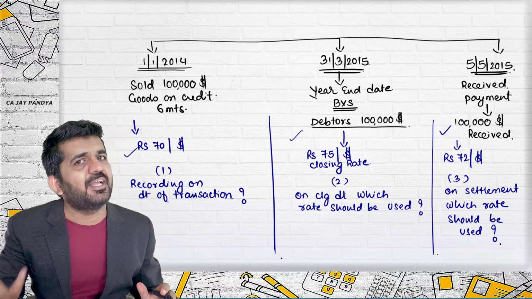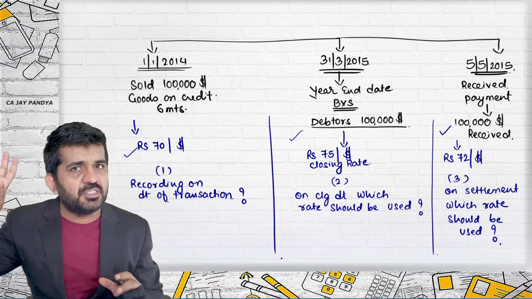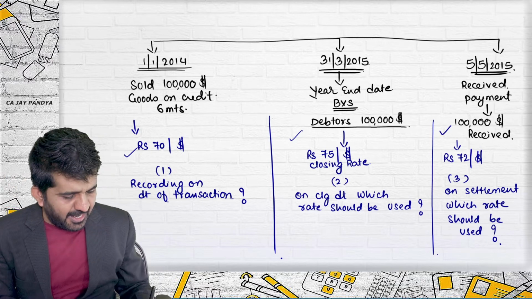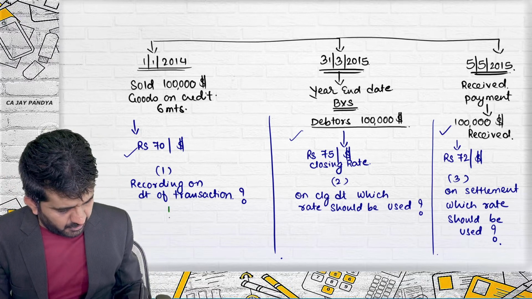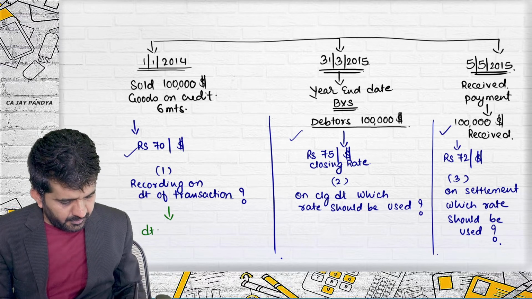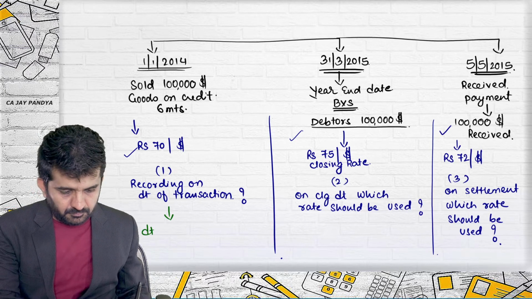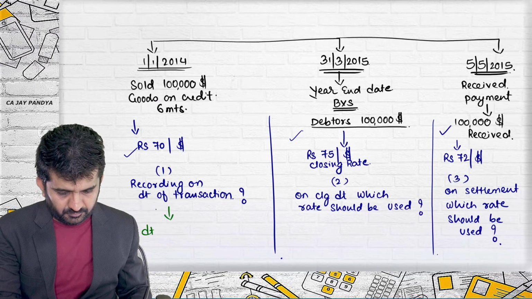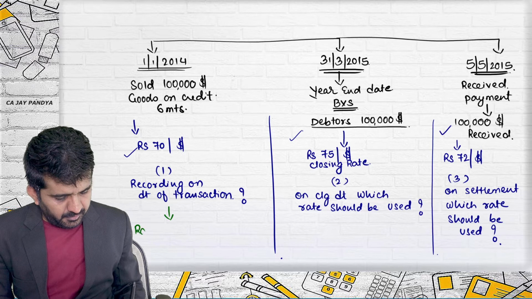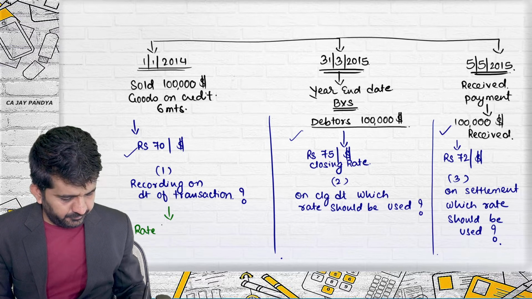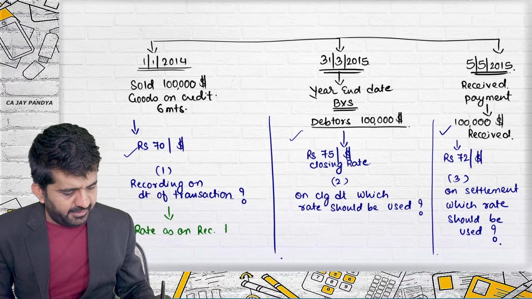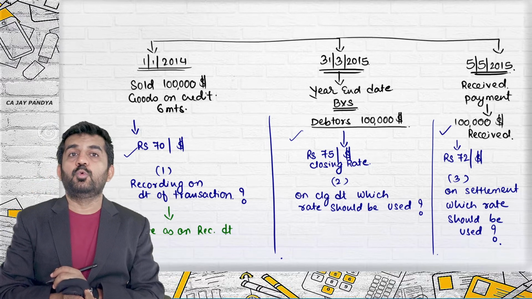Right now, you can take my answer, park your questions for later for 1 hour, and we will be answering this right now. On a recording date, the rate as on the recording date should be used.